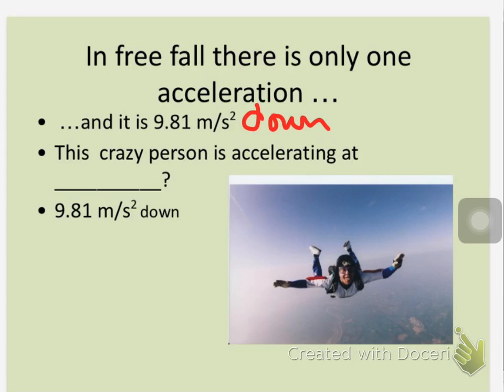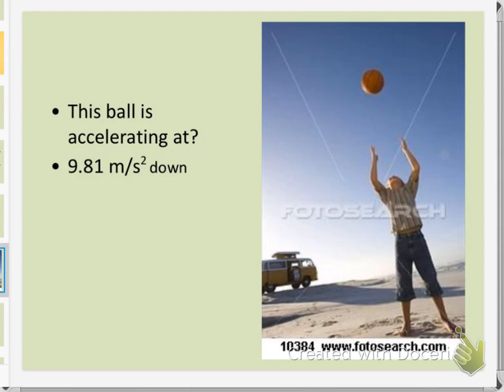Until they pull their chute, they are accelerating at g. This ball, even though it's being thrown up, is accelerating at 9.81 meters per second squared downward. Now remember we talked about positive and negative acceleration and speeding up and slowing down and your head hurt a little bit? This thing is traveling upward, but it has negative acceleration.